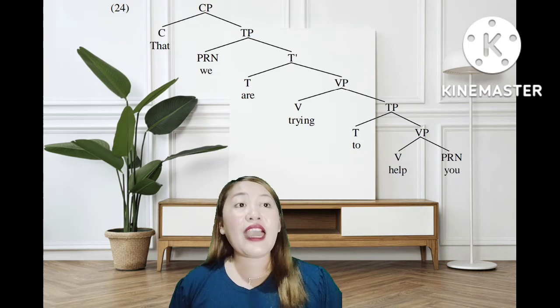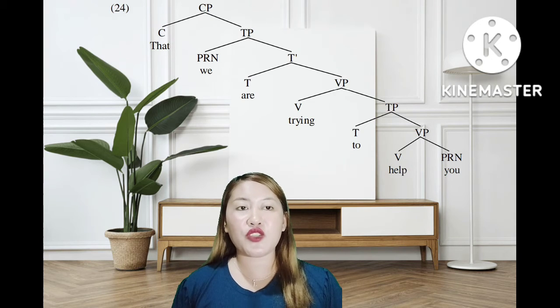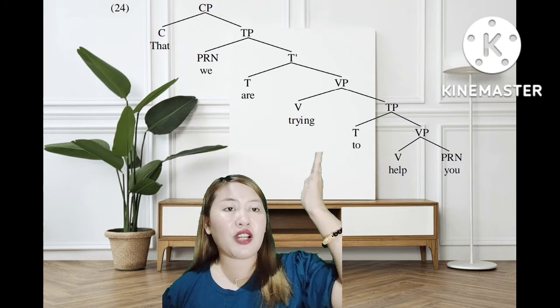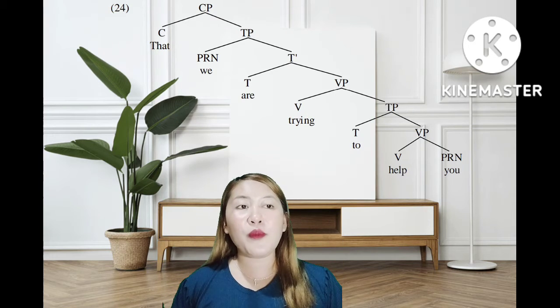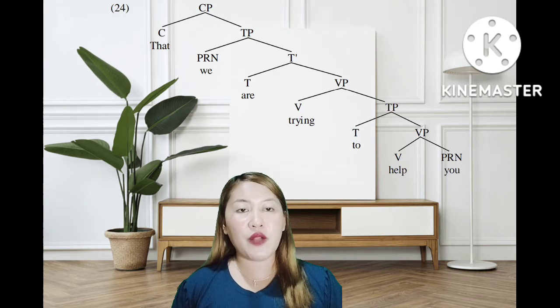And indeed, this is implicit in the traditional description of such structures as that-clauses. The tree diagram above tells us the complement of that is the tense phrase we are trying to help you.